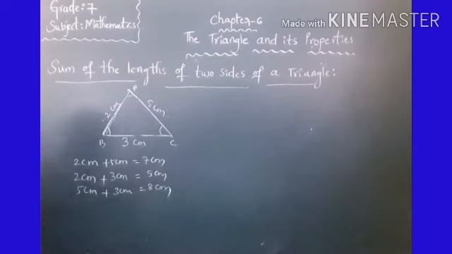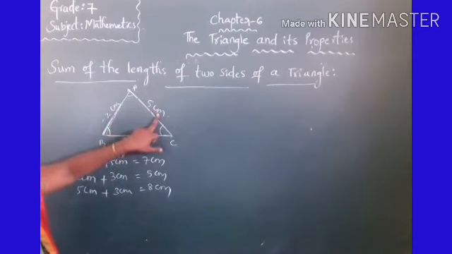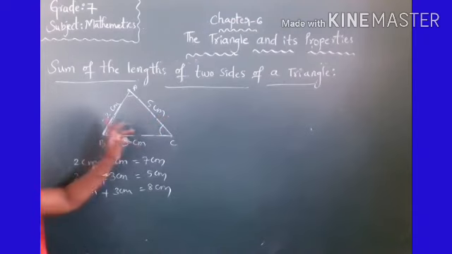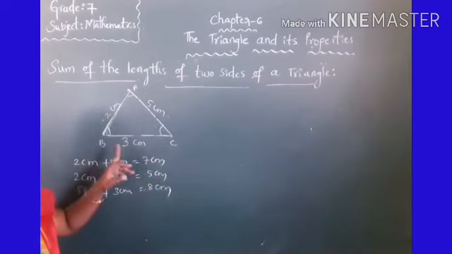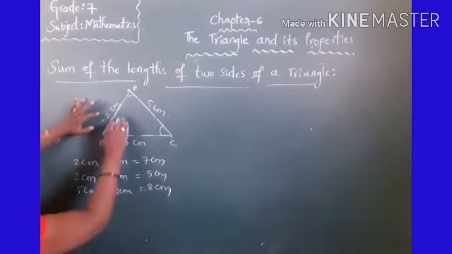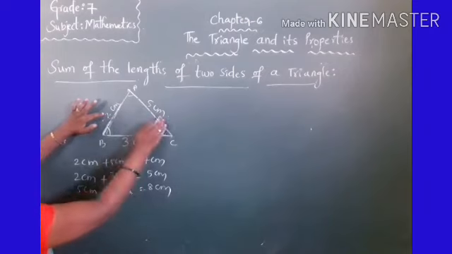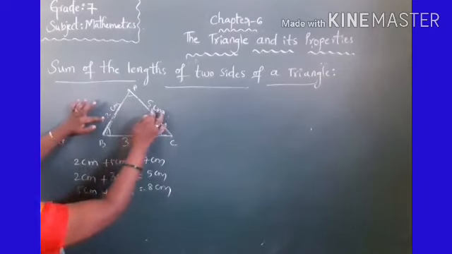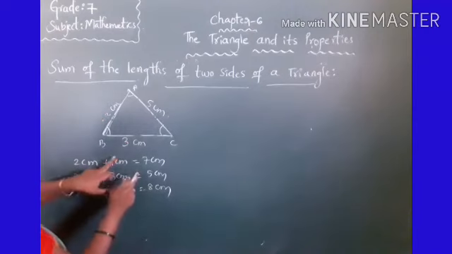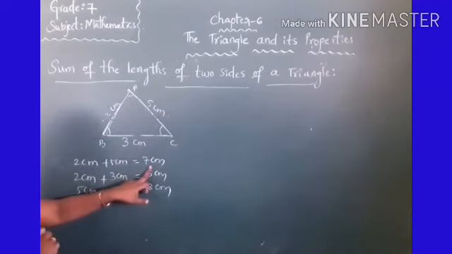8 centimeters. So that means the sum of the lengths of two sides of a triangle is greater than the third side. Observe this: 2 plus 5 is equal to 7 centimeters.